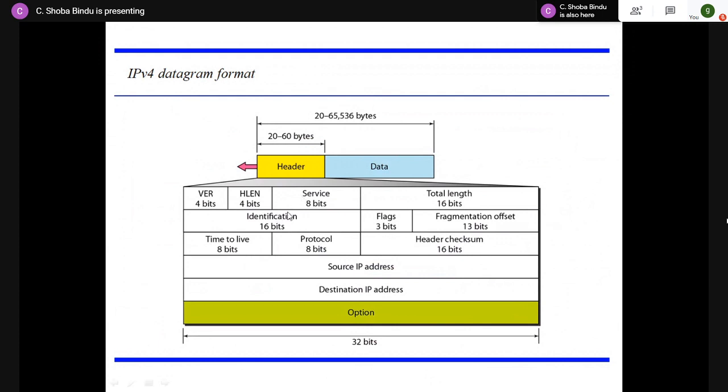So all the fragments pertaining to a particular datagram will hold the same identification value here. And the next 3 bits specify the flags, and the next 13 bits specify the fragment offset.